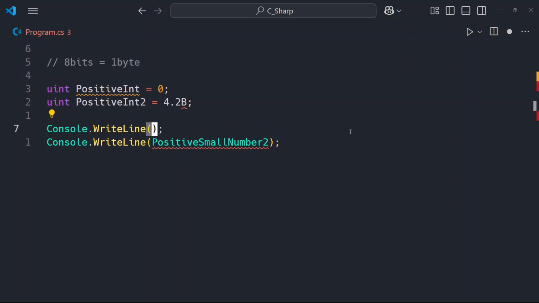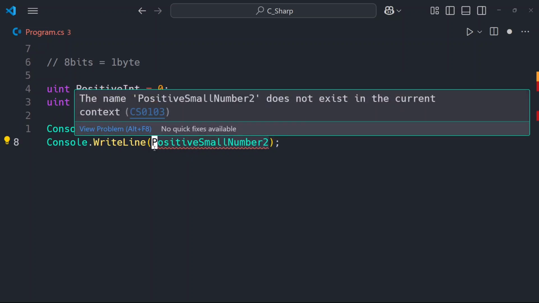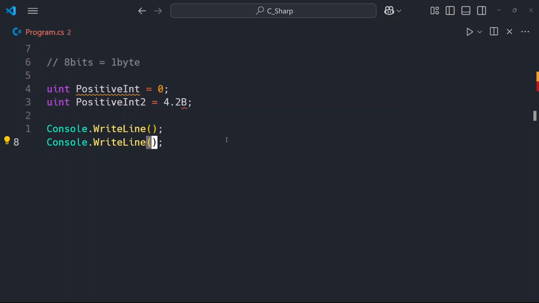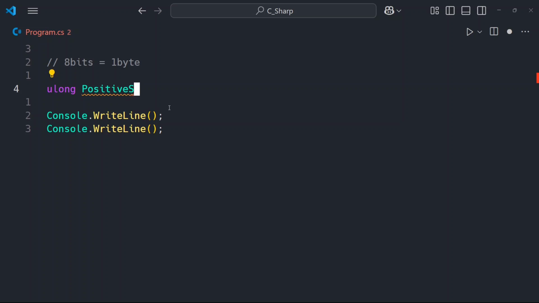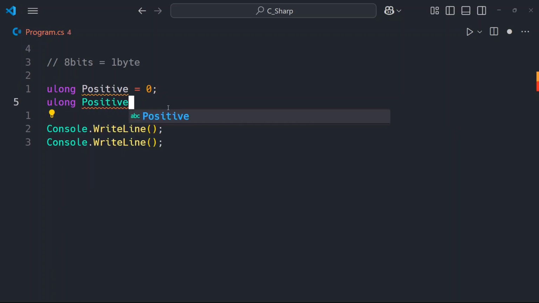And next up is ulong, which goes from positive, well, it's not a small number, but positive all the way to, I think it's 1.8 trillion.